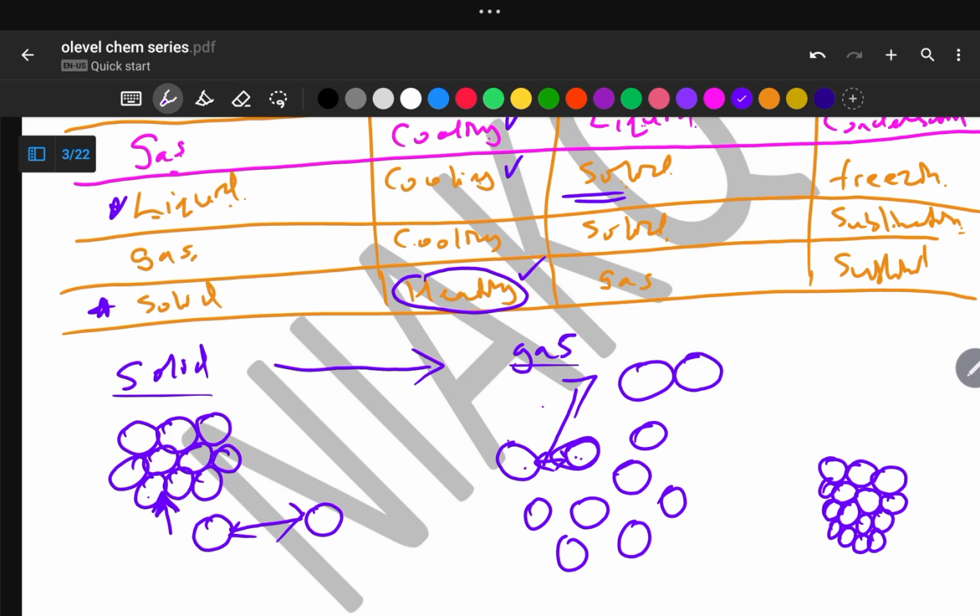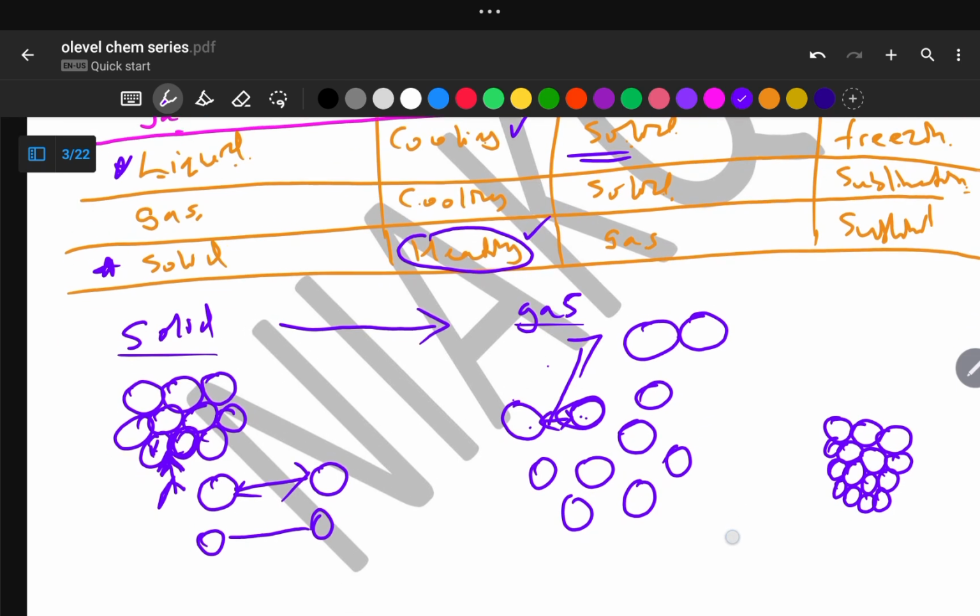So this is the effect of cooling. So the effect of cooling will reduce the kinetic energy of the particles. The particles will be closer to each other since they are not moving. And then the effect of increase in temperature by heating will cause the particles to have higher kinetic energy, thereby breaking this lattice structure or this solid phase. Thereby the particles are further apart from each other.